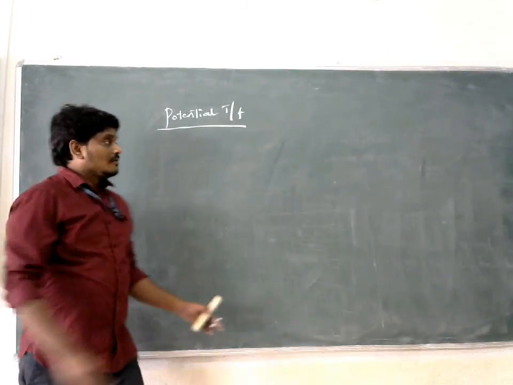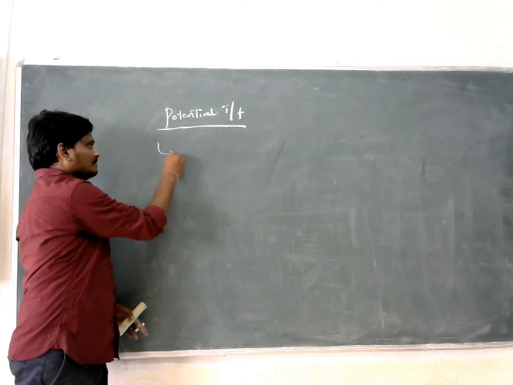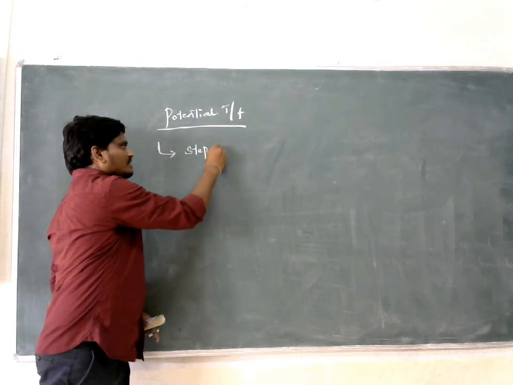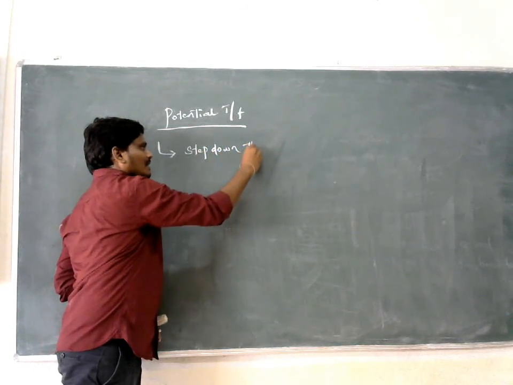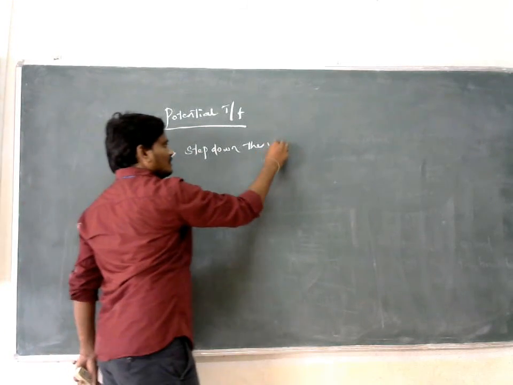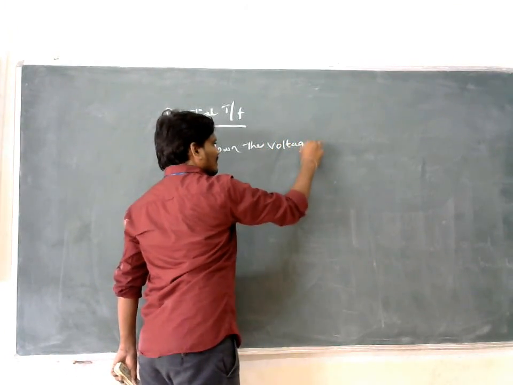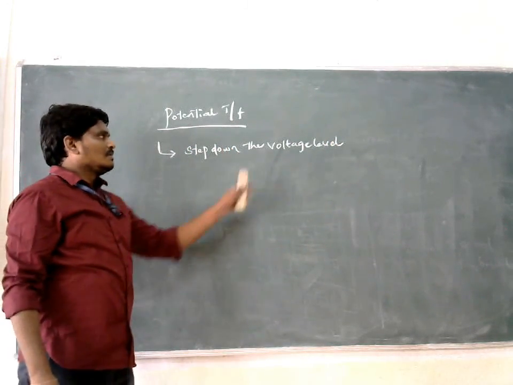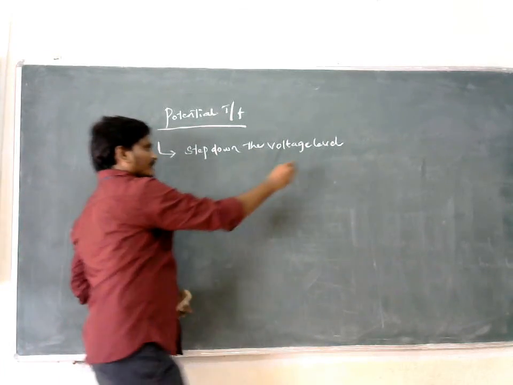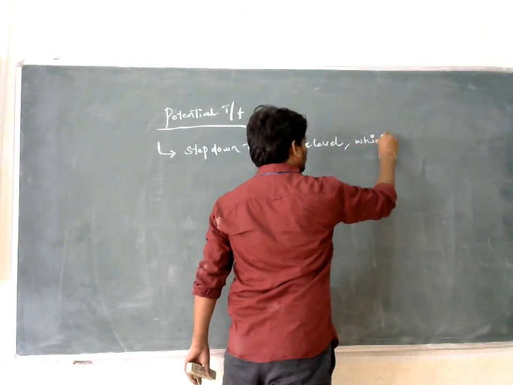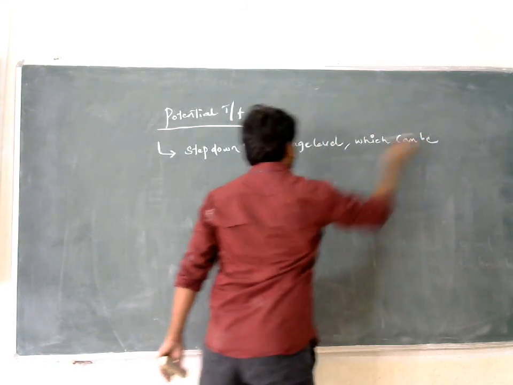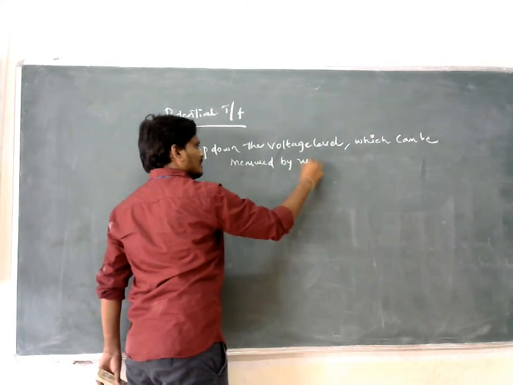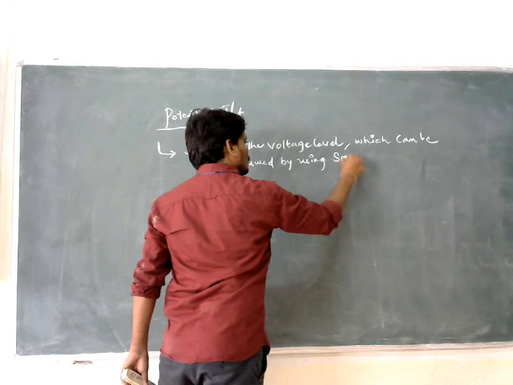Now, potential transformers. It is a device which is used to step down the voltage level, which can be measured by using a small rating voltmeter.